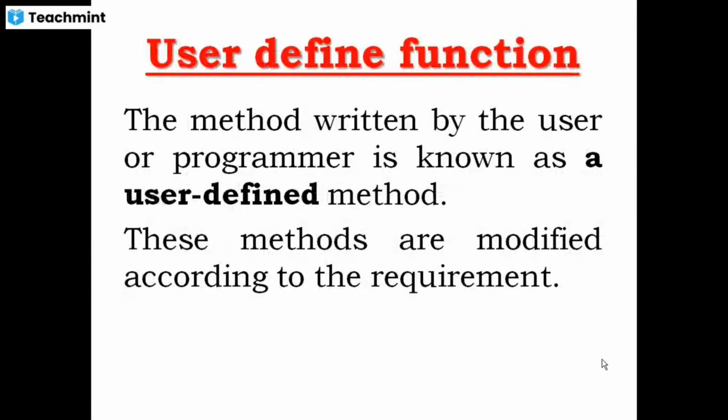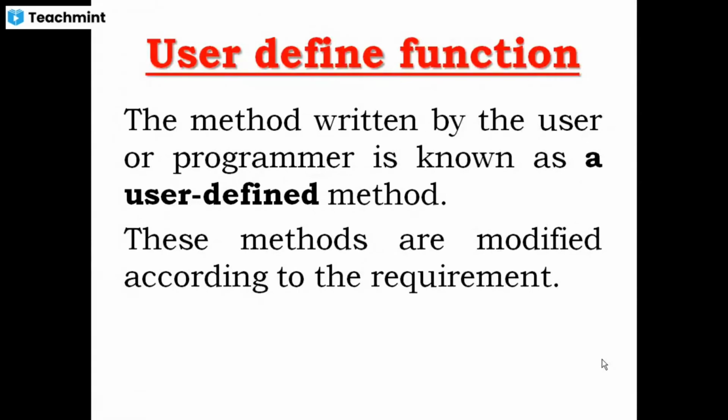Now we have the user-defined function. The method written by the user or programmer is known as a user-defined method. And these methods are modified according to the requirement. Whatever we require, we can make our own method as per our requirement, right?